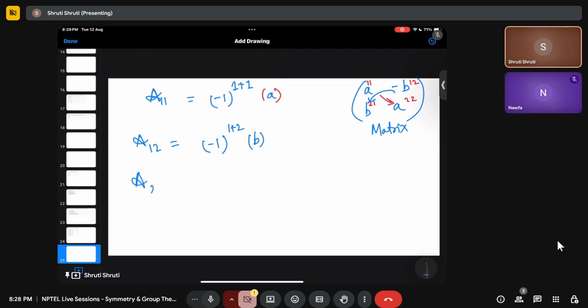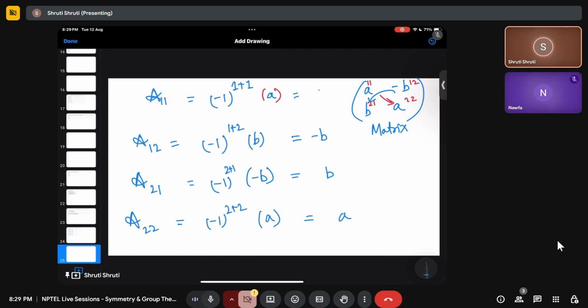Then A21 will be minus B. A22 will be A. So this is A, this is minus and minus plus B, this is minus B, and this is A. So your adjoint is A, minus B, B, A. Correct?